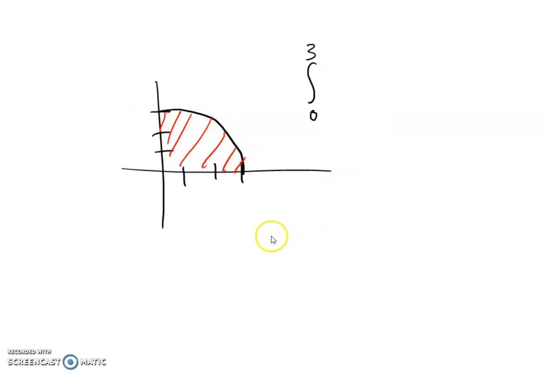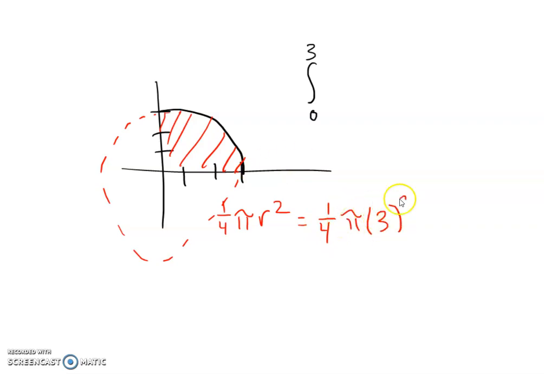All you need to know is its radius. So the area of the quarter is going to be 1/4 pi r squared. The radius of this whole thing, if it had been a whole circle, is 3. I know my circle is pretty terrible, but the radius of that is 3. So the area that I shaded in is 1/4 pi times 3 squared. This comes out to 9/4 pi, or 2.25 pi.